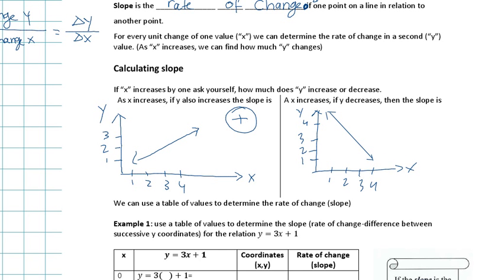It's going down. What kind of slope do we have here? Negative. So, as X is increasing, Y is increasing, then I have a positive slope. As X is increasing, Y is decreasing, I have a negative slope.